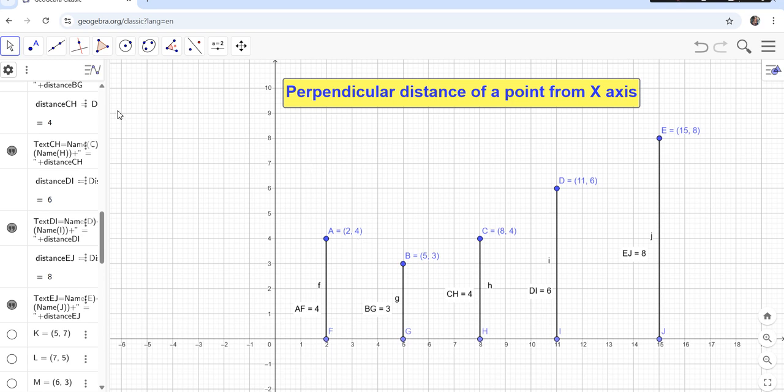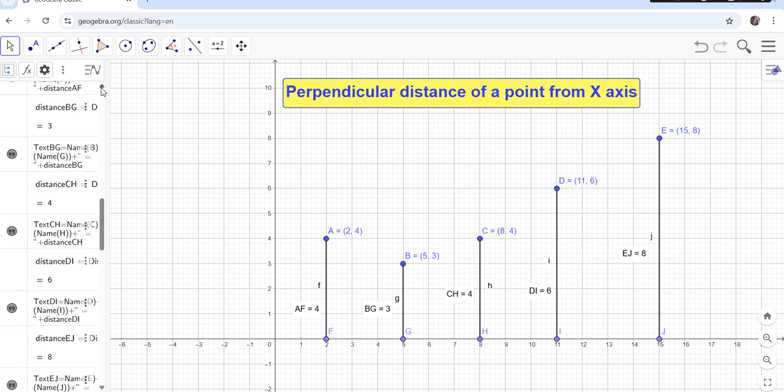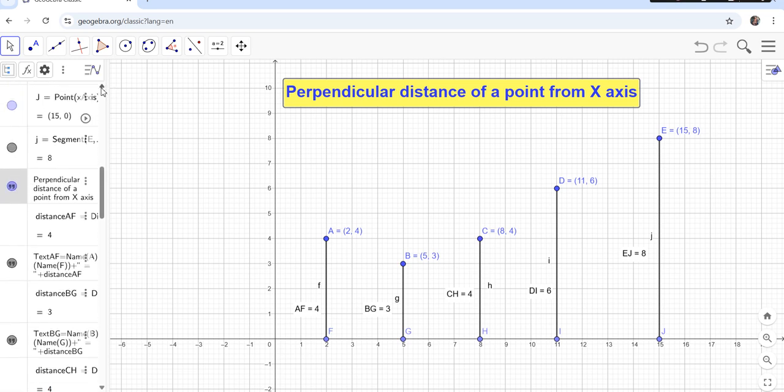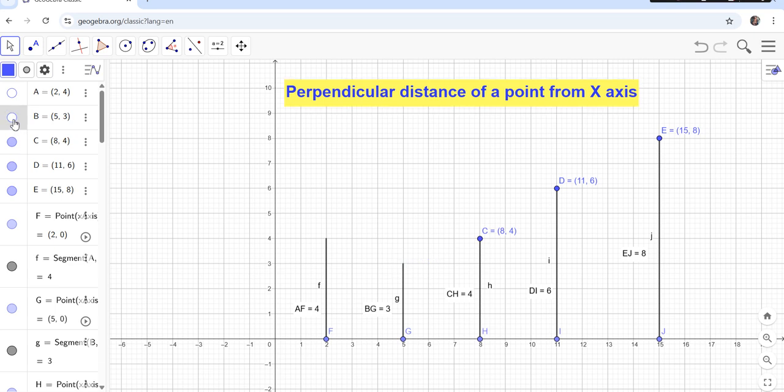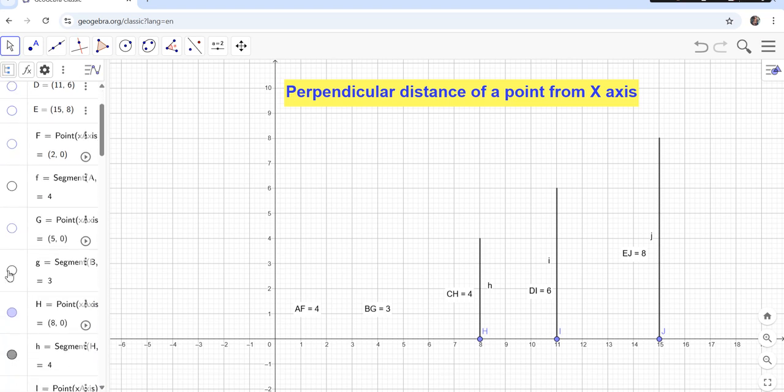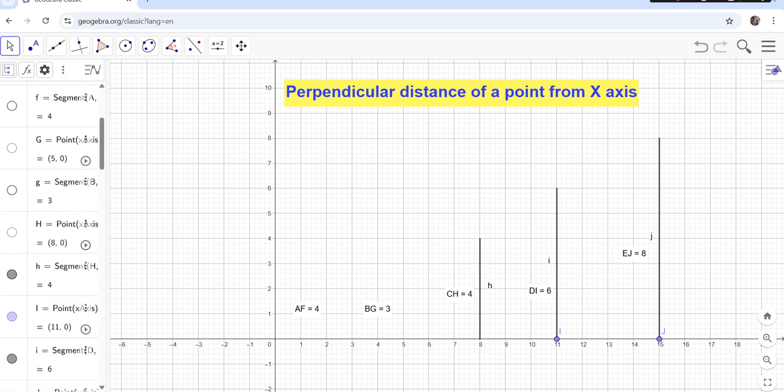So dear students, now we'll talk about the perpendicular distance of a point from the y-axis. In the same way, we'll mark some points in the first quadrant and draw the perpendicular lines on the y-axis. For this, I'm going to mark some points. So let's get started with another activity.